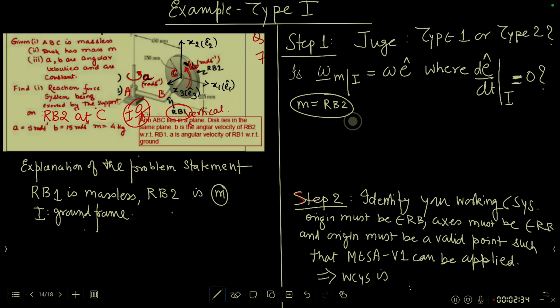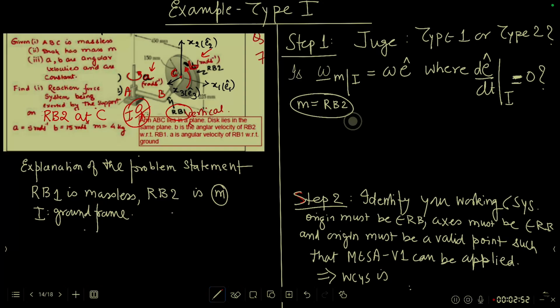There is a disc attached at the end of this massless rod. C is the center of mass of that disc. I have marked here A and B, radians per second.